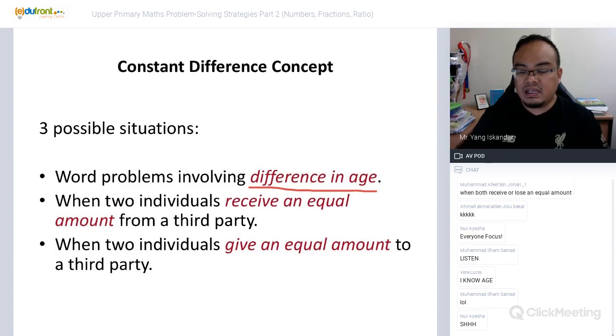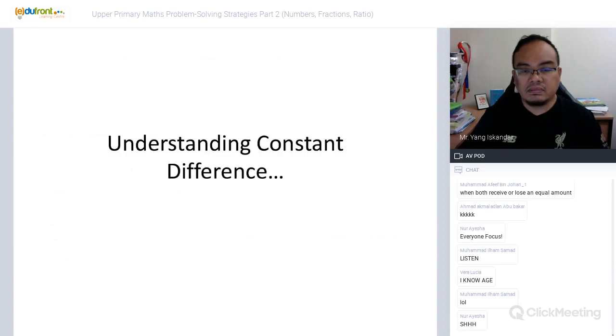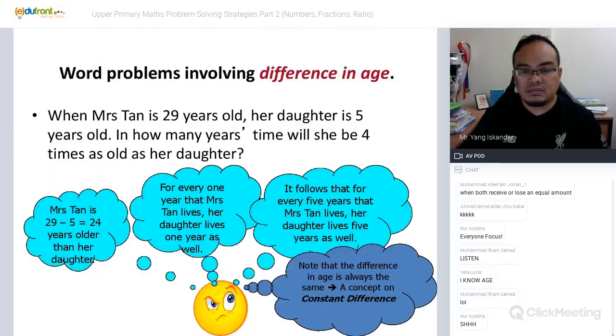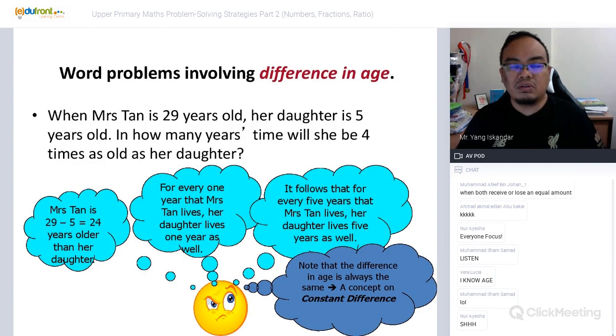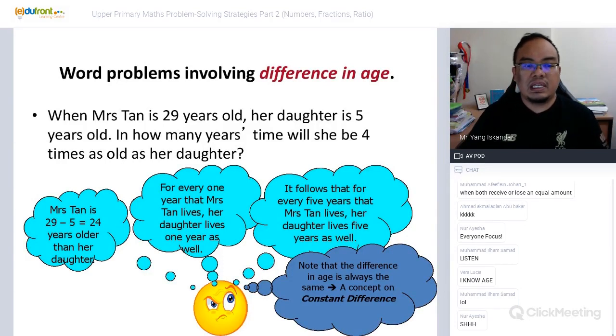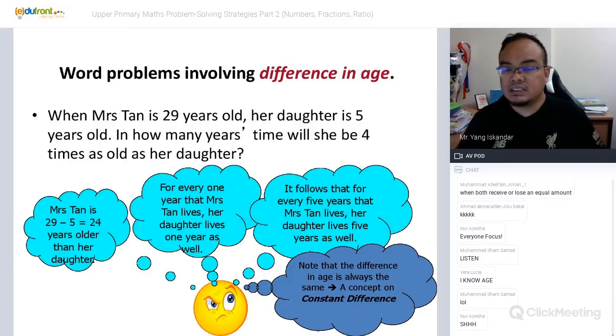Now let's take a look at an example. Let's read this together. When Mrs. Tan is 29 years old, her daughter is 5 years old. In how many years' time will she be 4 times as old as her daughter?